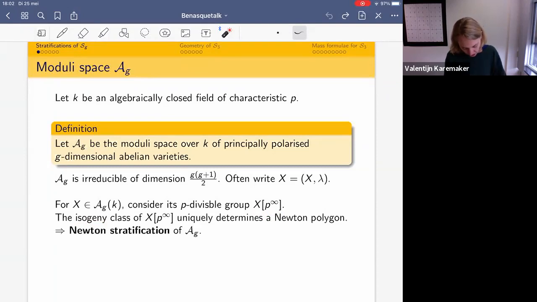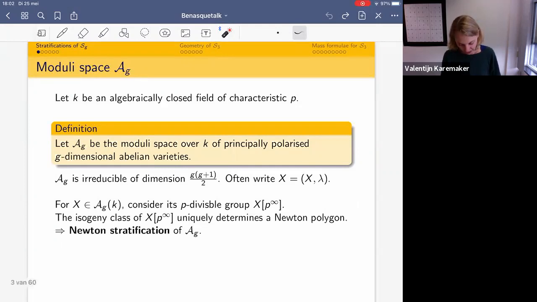Then the isogeny class of the p-divisible group uniquely determines what's called a Newton polygon. And this gives us a Newton stratification of the moduli space A_g, where one Newton stratum consists of all the abelian varieties with isogenous p-divisible groups.